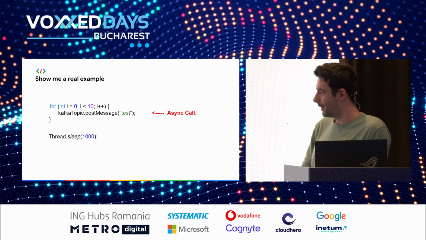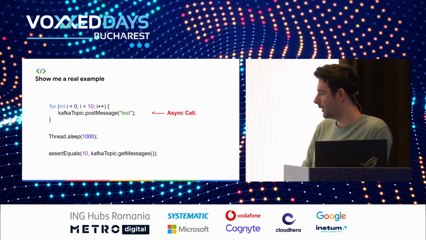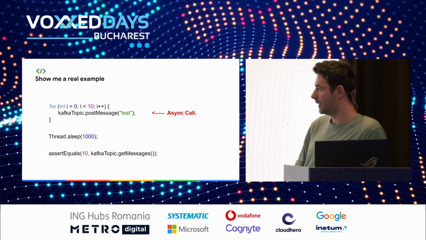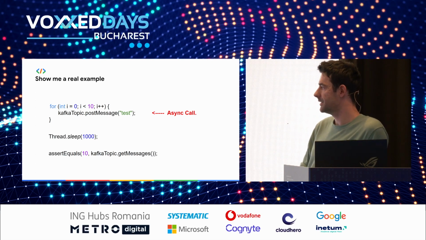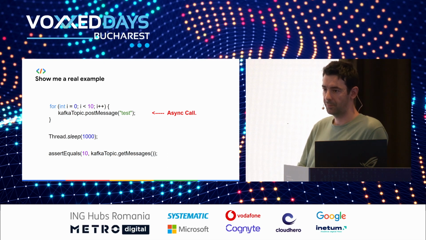A queue. And once we have waited for 1 second, then we do an assert, and we check whether those messages were posted in that Kafka topic, and we check if there were indeed 10 messages posted. Now, that usually should work. I mean, posting a message like that should take a few milliseconds, or let's say a dozen milliseconds, something like that. But if there is some networking issue for some reason, there is a possibility that because this is an asynchronous call, after 1 second only 5 messages were actually posted to that Kafka topic, or 6 or something like that.